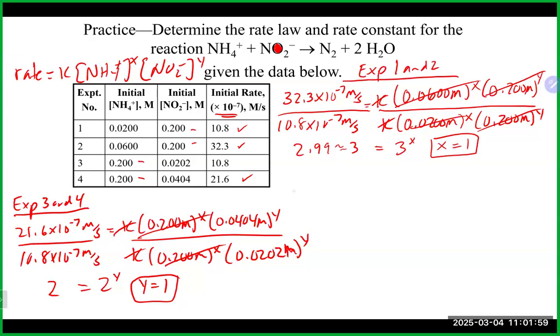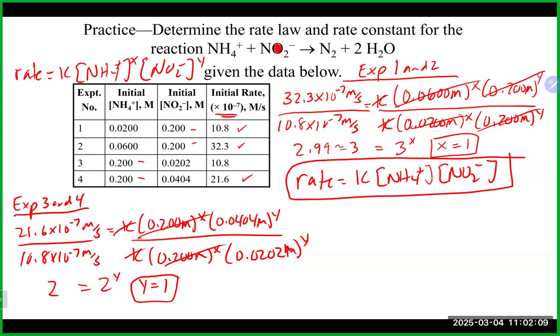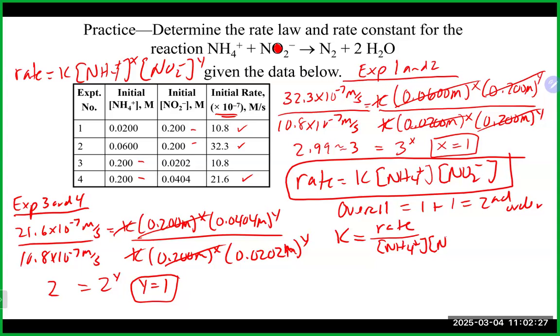That gives us our rate law: the rate is equal to k times NH4+ times NO2-. That means our overall order is 1 plus 1, which is second order in this case. Now we can actually solve for the value of k. So k will equal the rate divided by NH4+ and NO2-.